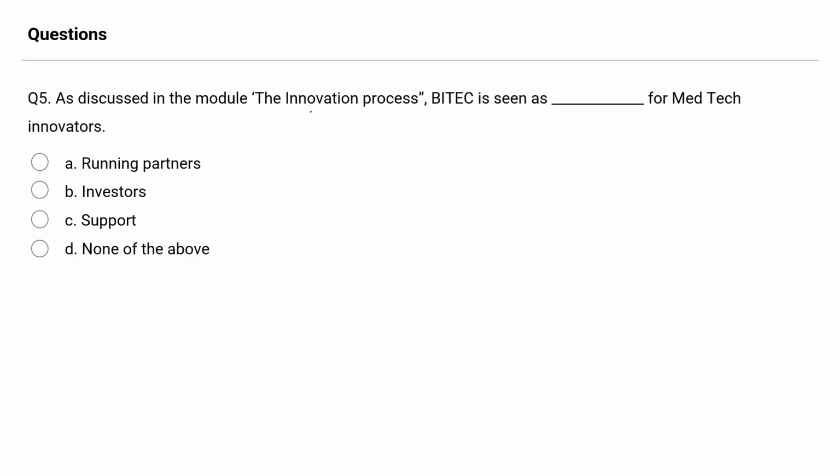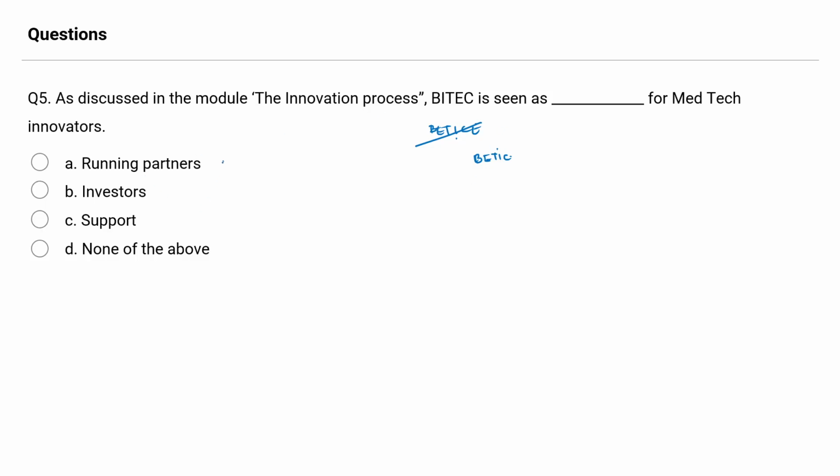As discussed in the module innovation process, BETIC is seen as dash for medtech innovators. BETIC. Okay.